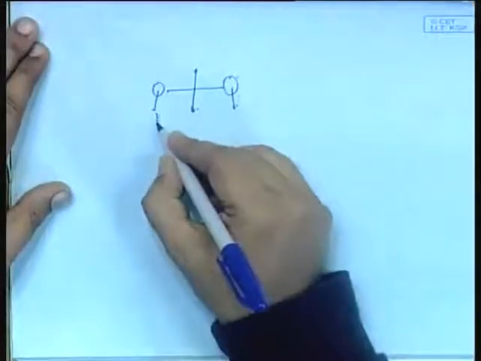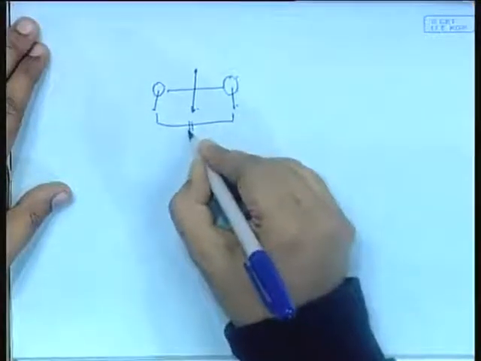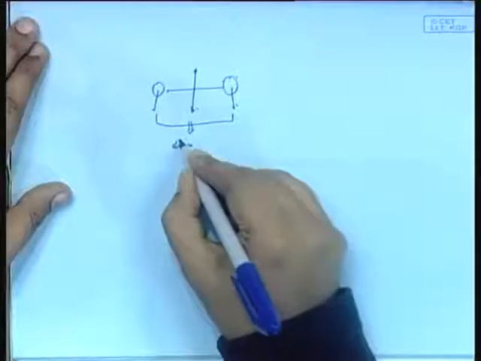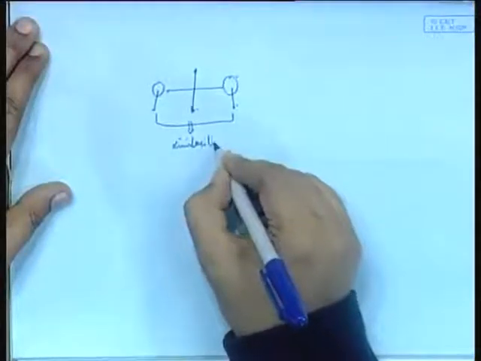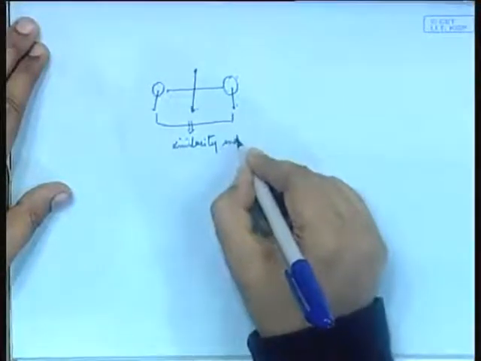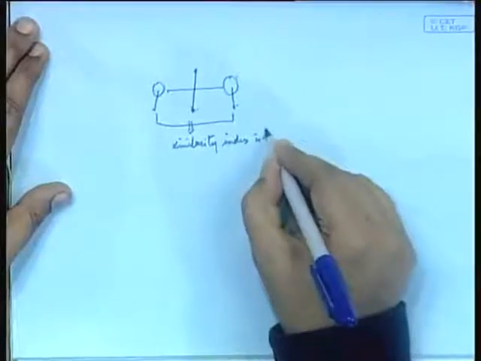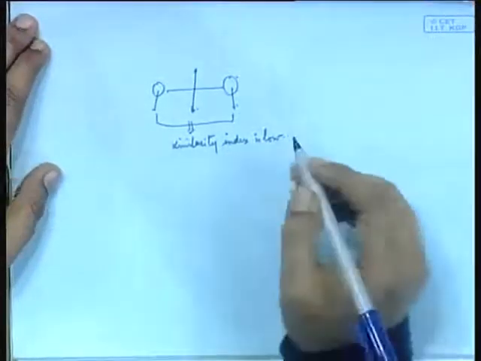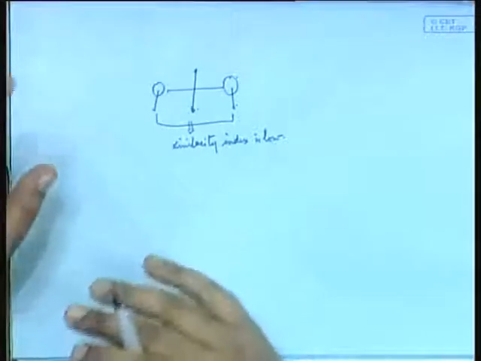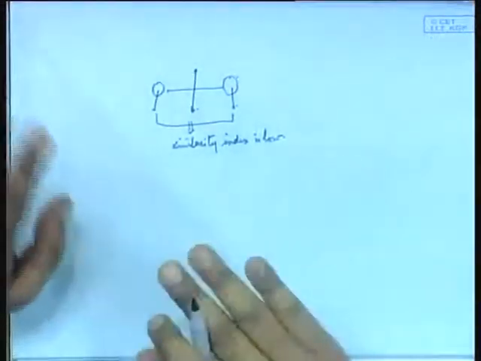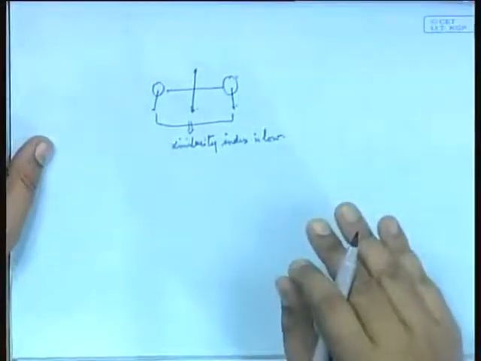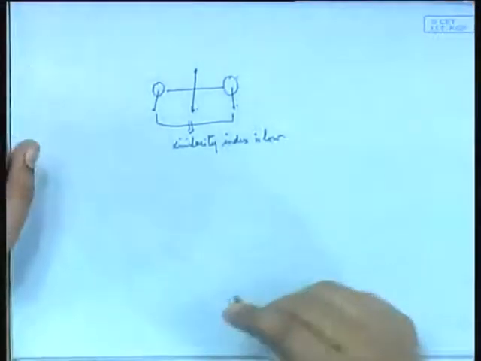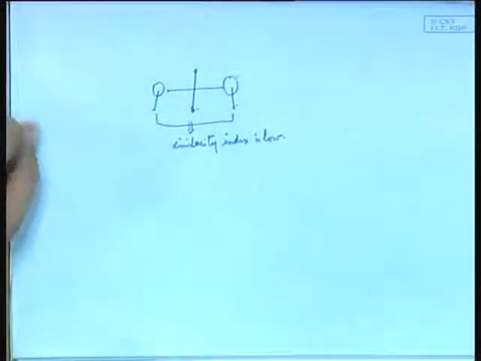So the similarity index is low. That is how you divide nodes.